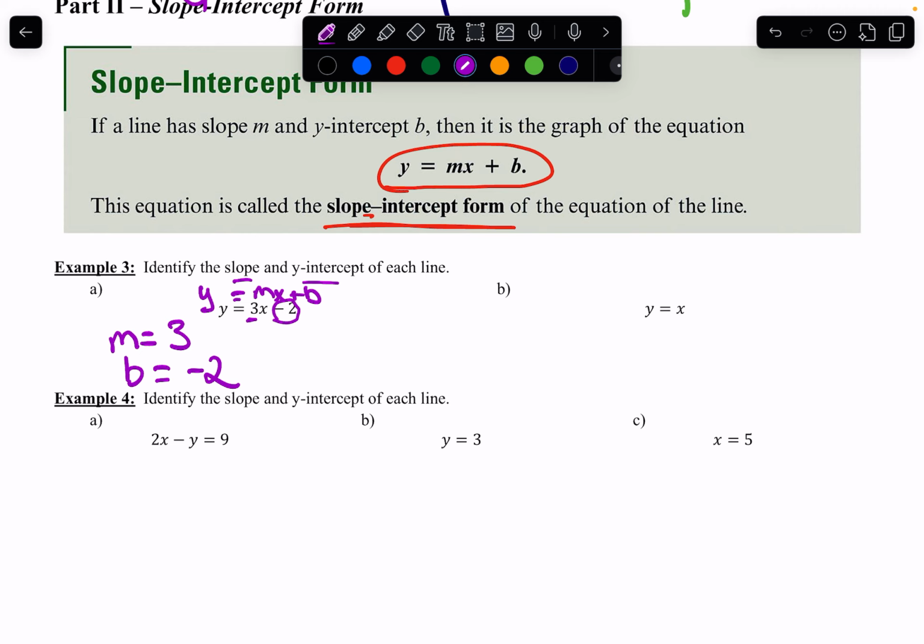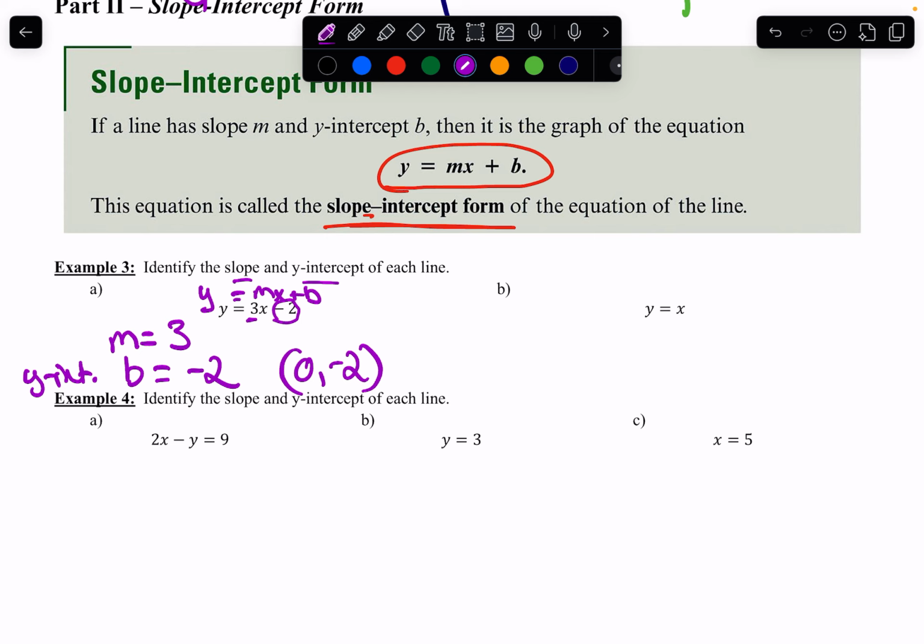Now, you might see the y-intercept written like this, or we've done it where it's a point, 0, negative 2. So those are the two different ways you might see it.